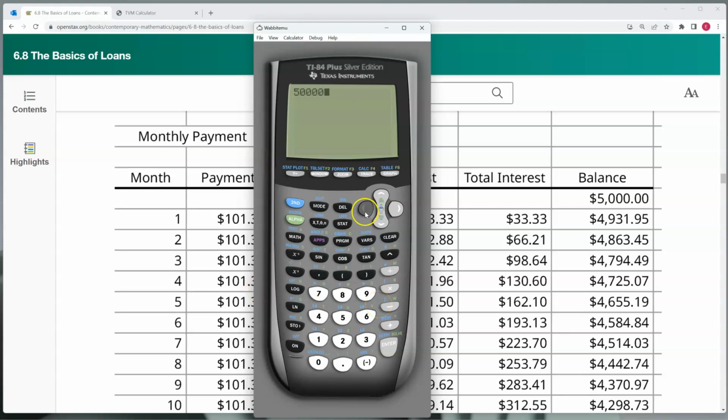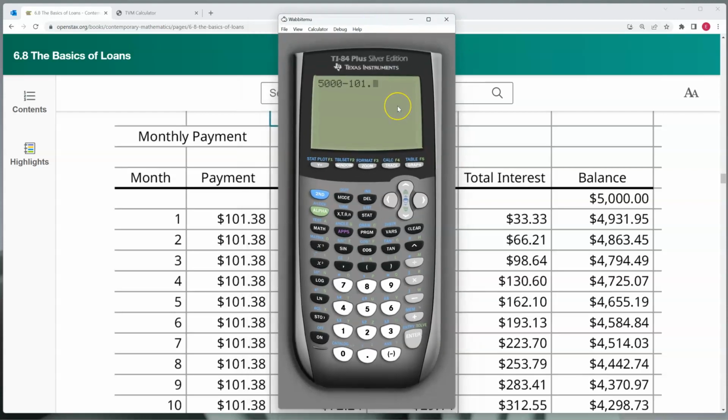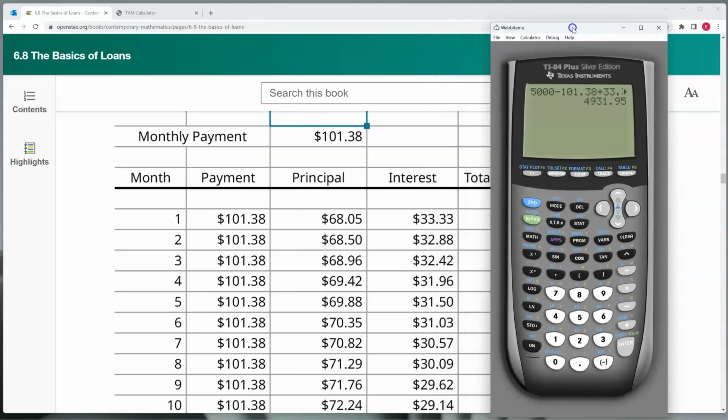That was just from the initial. And then you're going to subtract 101.38. But then you're going to add back $33.33 of interest. And that's going to be the $4,931.95.